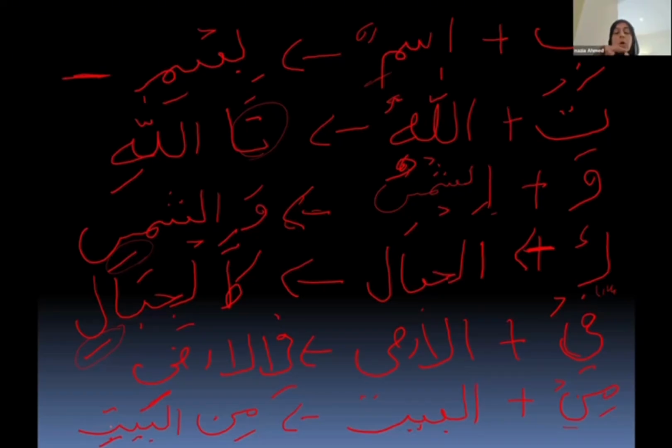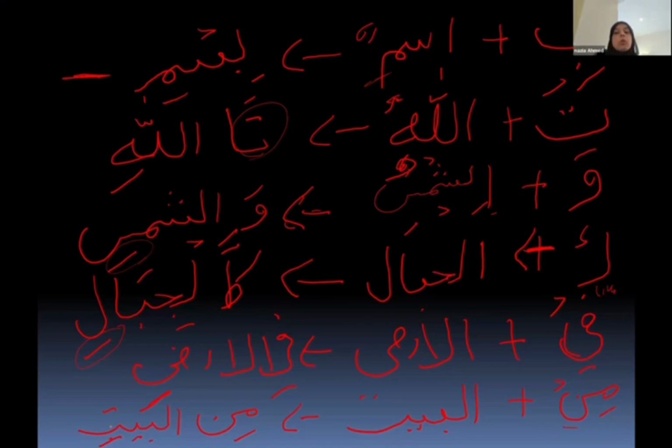Second rule is all those members of the letter family which end with noon like min and an, when we attach them with the first person ya, it always gets shadda on the noon, and there's always shadda on minna as well because there are 2 noons coming together.